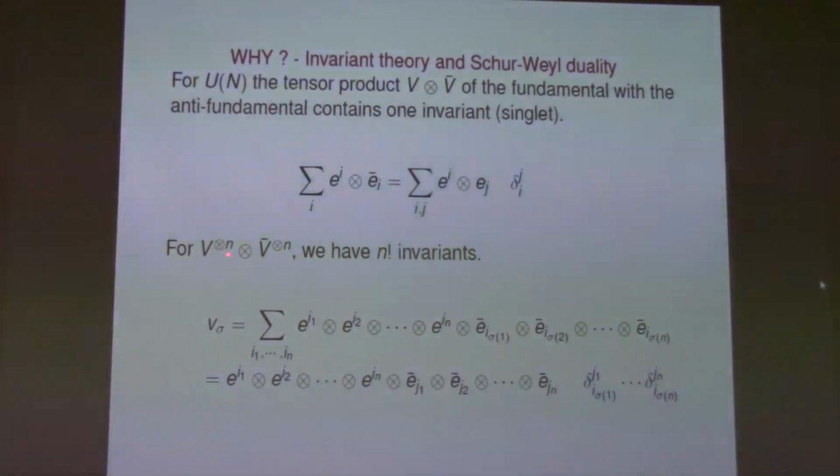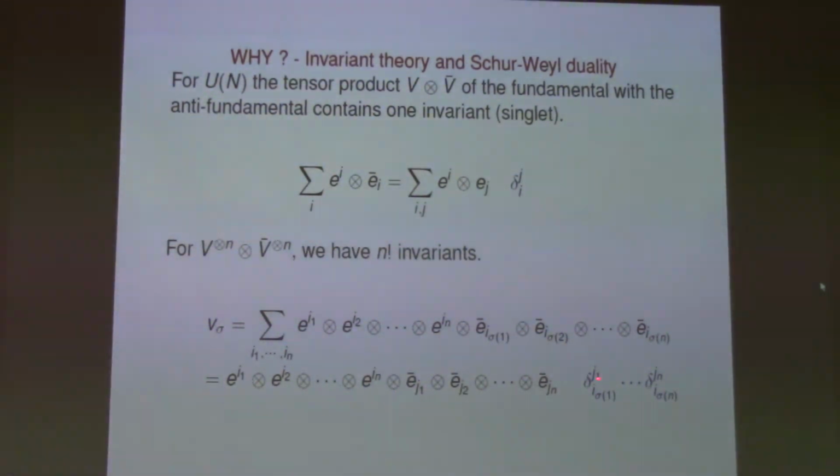If you have, let's say, little n copies of V and little n copies of V bar, how many times does the one-dimensional representation of UN appear in this tensor product, when the UN is acting diagonally? There are n factorial. And what do they look like? Basically, you have the vectors in V and the vectors in V bar, tensor n, arbitrary vectors.